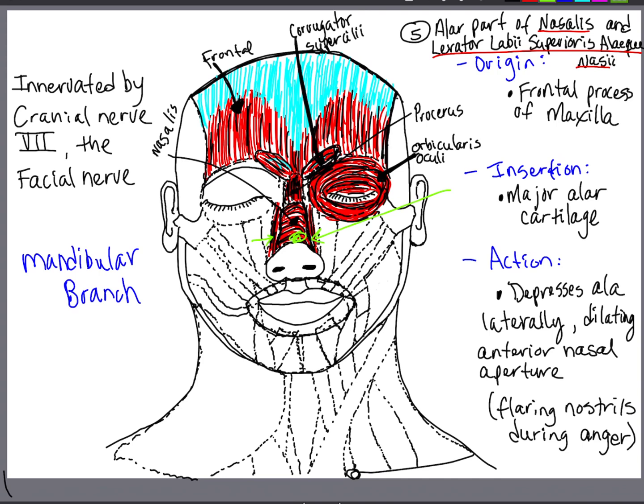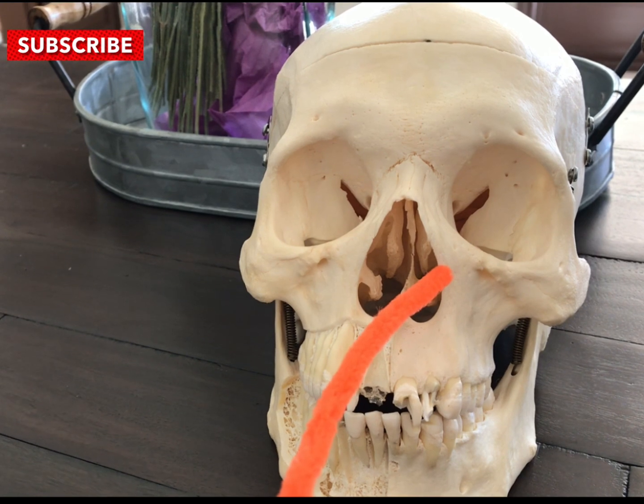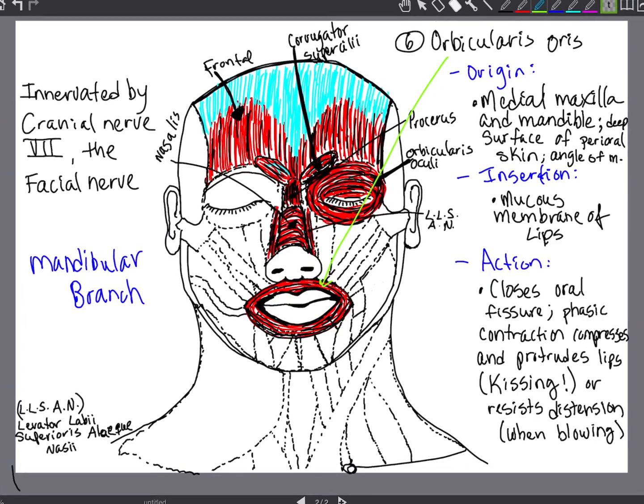So the origin of these muscles is on the frontal process of the maxilla, inferior medial margin of the orbit, and the insertion is the major alar cartilage, and the action is to depress the ala laterally, dilating the anterior nasal aperture, such as in flaring the nostrils during anger. Origin for nasalis. Frontal process of maxilla.